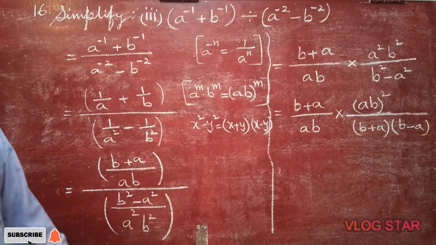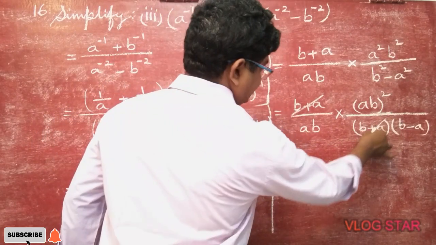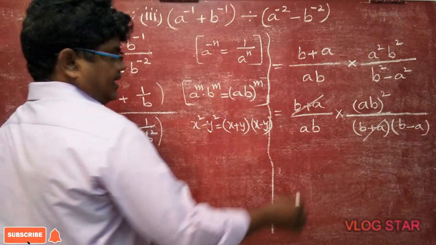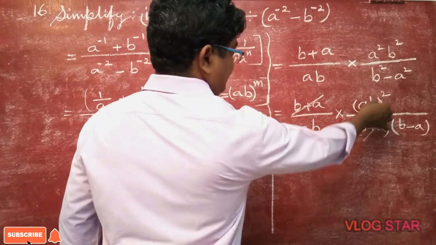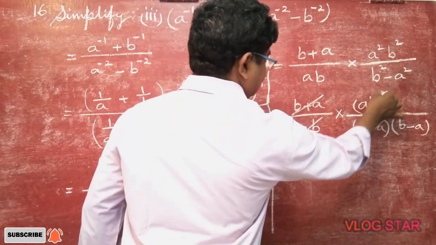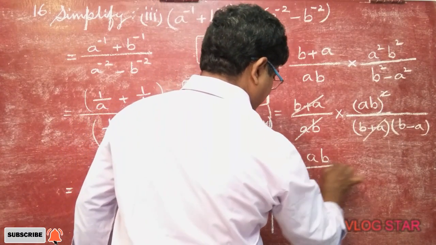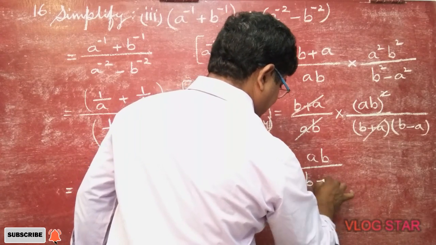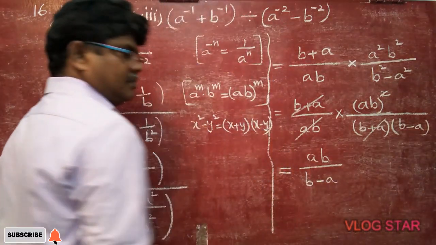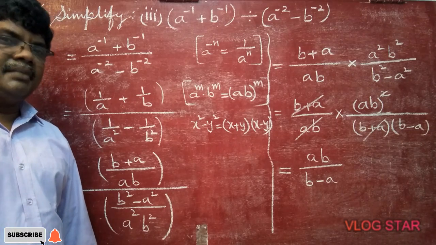Now why I have written like this means this b plus a gets cancelled. And here what is the meaning of ab square? 2 times we can write. So 1 ab is cancelled. So what is remaining? AB by B minus A. That also simplify. We got that answer. AB by B minus A.